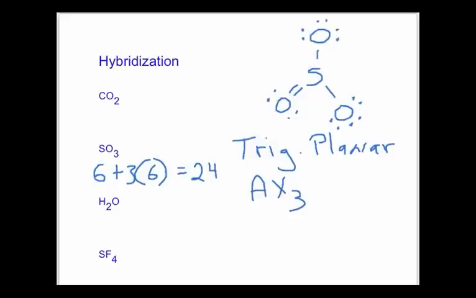That gives me a total of 3, and 3 corresponds to sp2. The other thing you can notice, which is helpful, is that over here, if you take the total of the X and the E numbers, like this one is AX3, so the number is 3, that also corresponds to the type of hybridization, because this would be s1 and this would be p2, so that's a total of 3. However you look at it, you can get the hybridization.